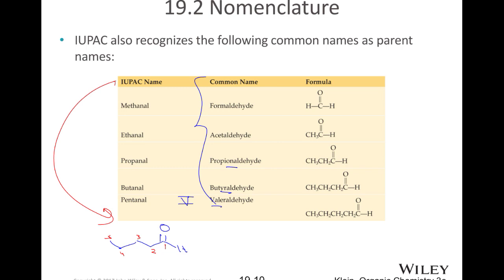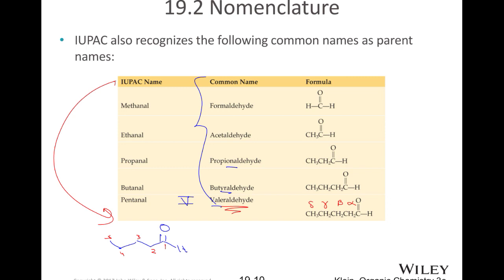That's the systematic way. If you use a common name, so if you use valeraldehyde or butyraldehyde or propionaldehyde, whatever, the carbons aren't numbered. You don't give them a number like 1, 2, 3, 4. Those are the numbers, right? You give them a Greek letter, so alpha, beta, gamma, delta, so on and so forth.